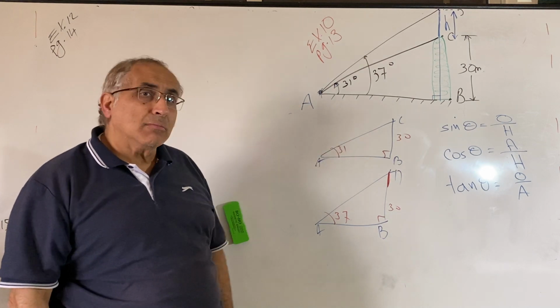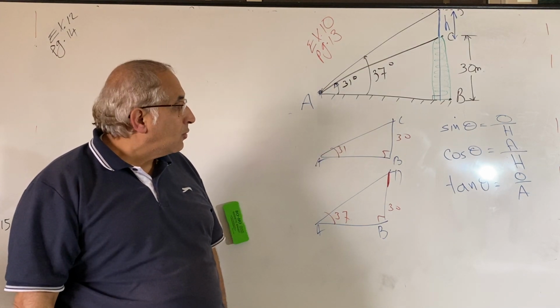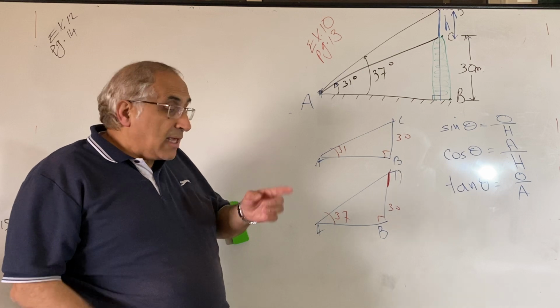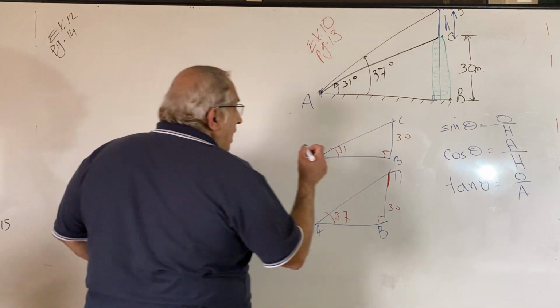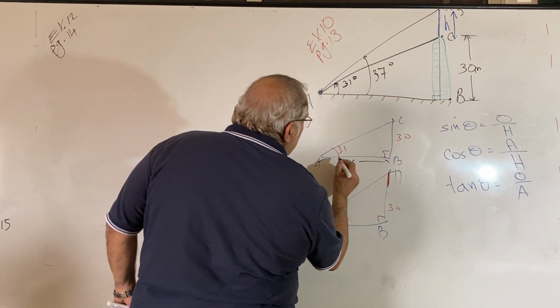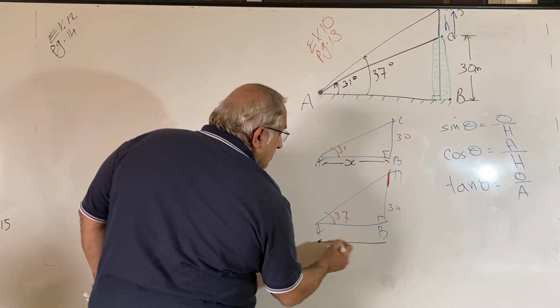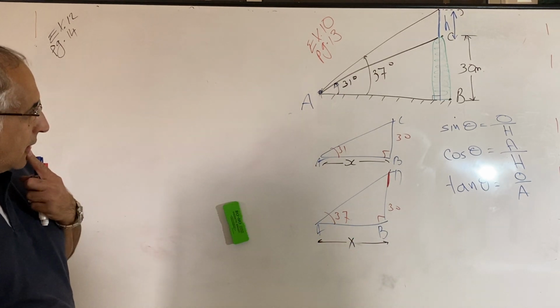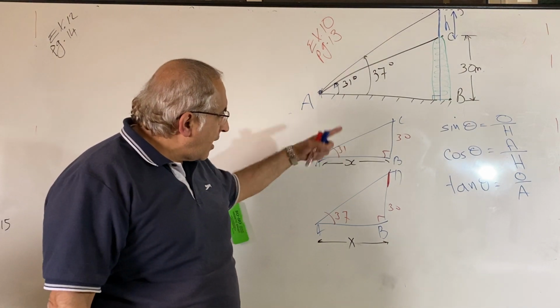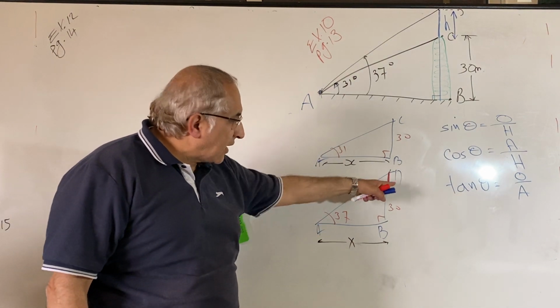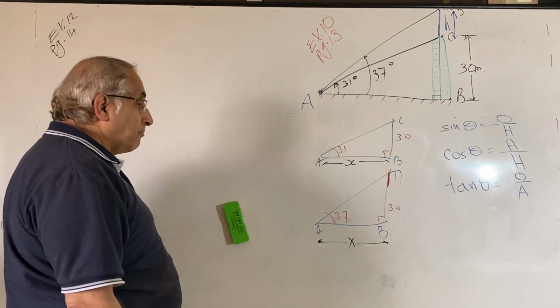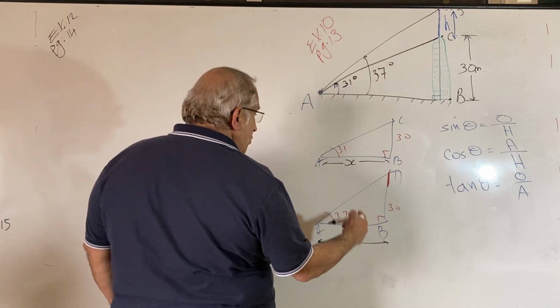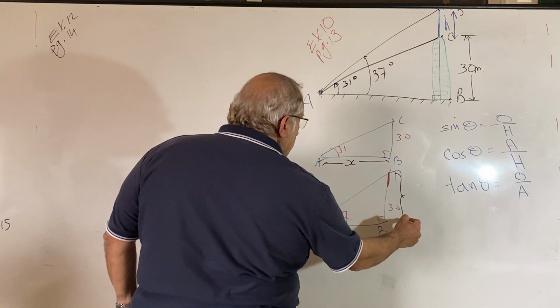Why don't I use this one? What do I need to find? If I find this, I'm going to call it x, from here to here, which is supposed to be the same as this. I find this from here, I come here, I can use this with that. But when you use this with that, you're going to give this a name.